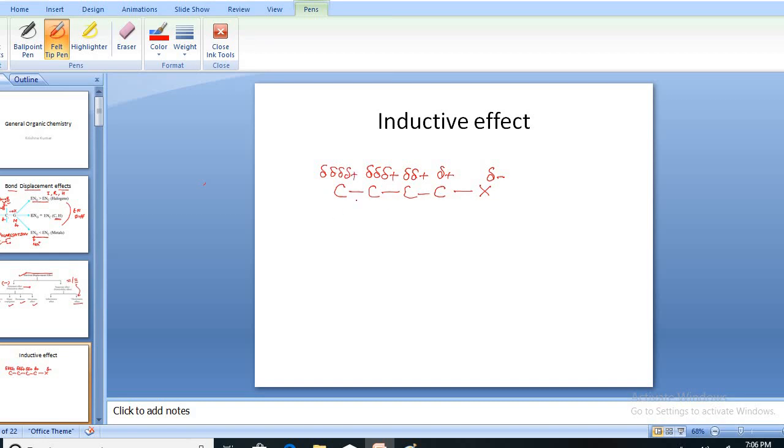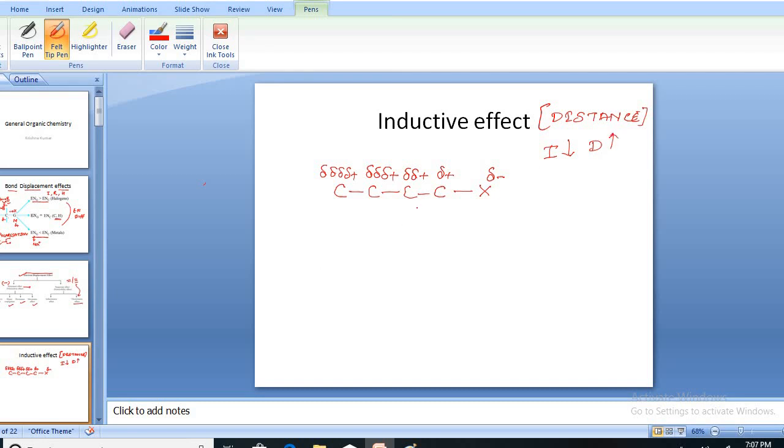If you could see, the pull is going to diminish as you move from this end to this end. This is the application of inductive effect. So it basically depends on distance. The inductive effect, the I effect, decreases when the distance increases.